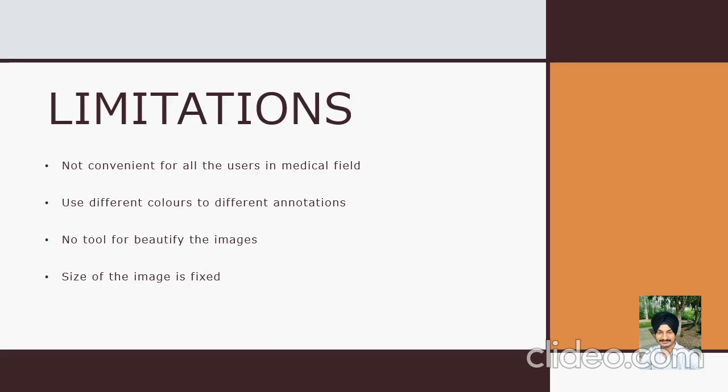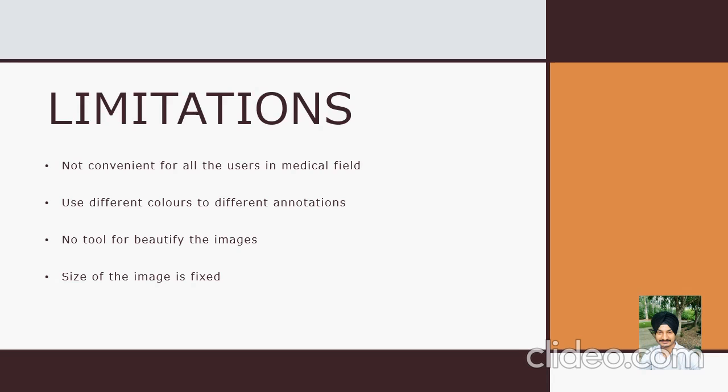This application has some limitations. It provides specific requirement of annotating image that is not convenient for all medical field related users. The color options cannot be different for different annotations. So for an example, if user has already selected red color and did some labeling and now user wants to change the color to green, then all labels will become green.